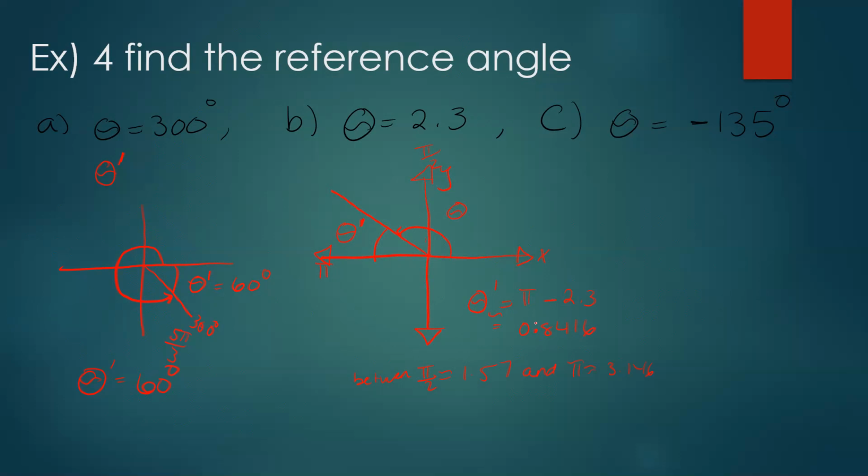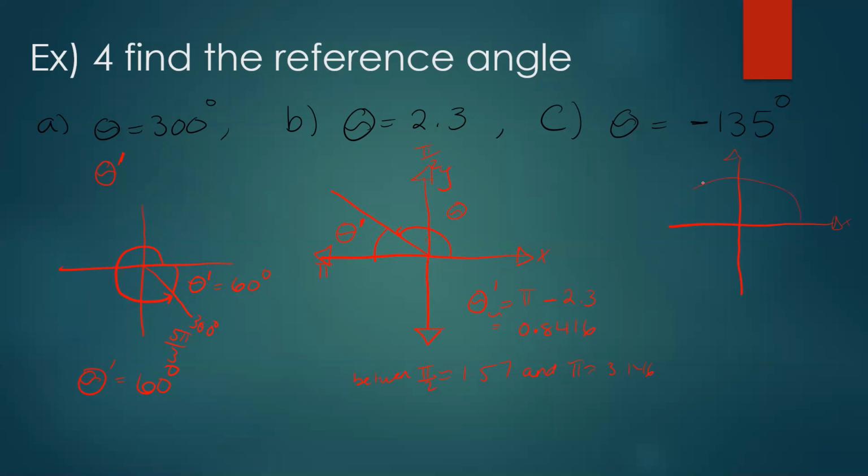Let's do the third one. Now we are going the opposite side. I forget what it's called, counterclockwise or clockwise. Anyways, we're going the opposite side. Negative 135. Remember, we're going the negative direction.